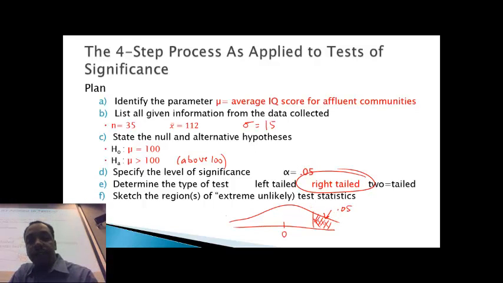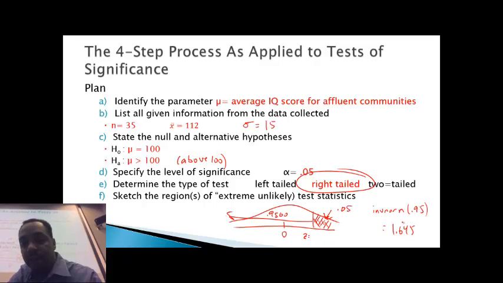It works out, my friends, if the area here is 5%, then there's a z-score such that it has 95% below that number. So if I do 5% to the right, that means that 95 is to the left. And if I do inverse norm of 0.95, I should get 1.645.